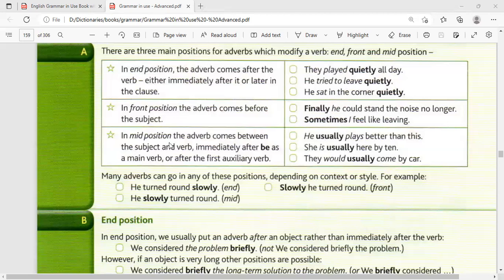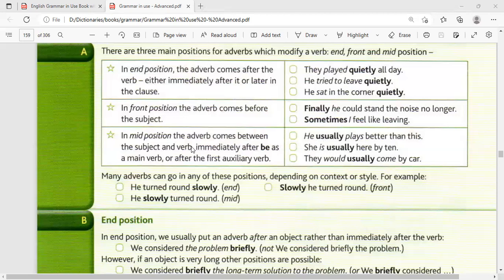Now we're going to talk about mid position. It means after the subject and before the verb. So in mid position, the adverb comes between the subject and the verb, immediately after the verb to be. So we're talking about adverbs of frequency.